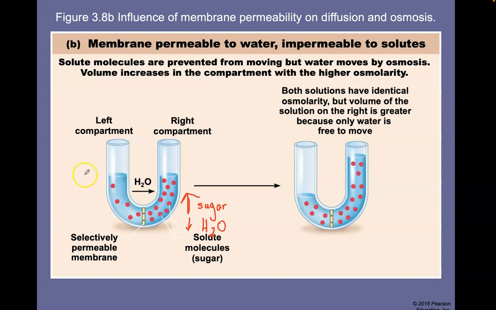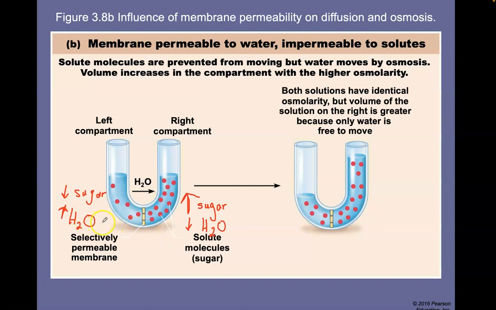Here on this side, you have fewer sugar molecules, and this leaves more room for water molecules. In this case, remember the sugar cannot move through the selectively permeable membrane. We don't have protein channels that allow it to diffuse down. So the sugar is blocked from diffusing, which means only water is going to diffuse here.